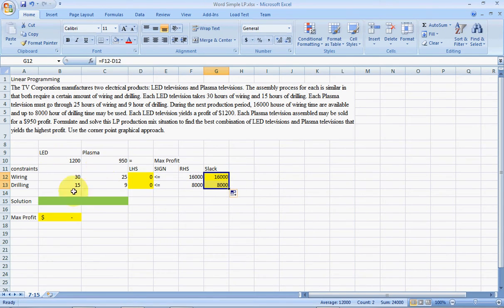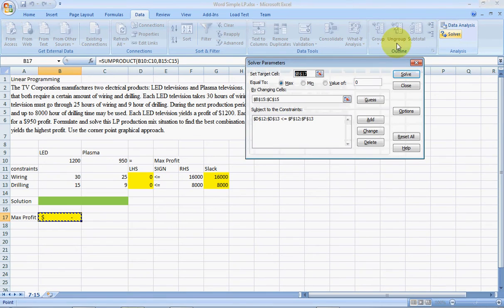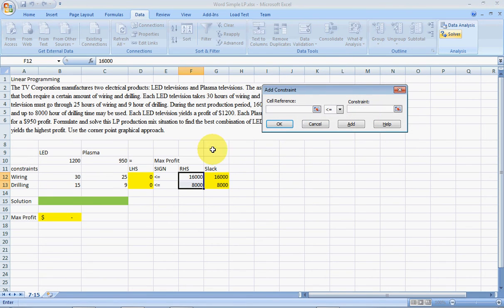Okay, so now that we got everything all settled out, we can just go to Data and Solver. We're going to try to maximize this cell, so maximize that cell by changing our solution. I can delete this one. So let's add a constraint.